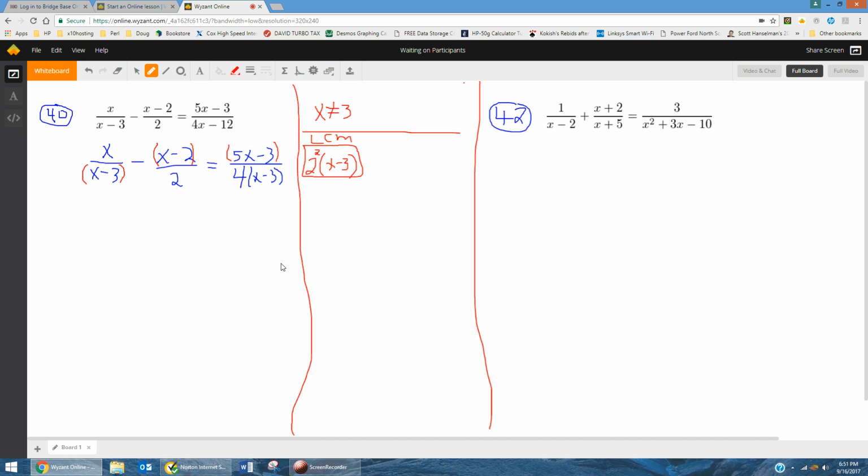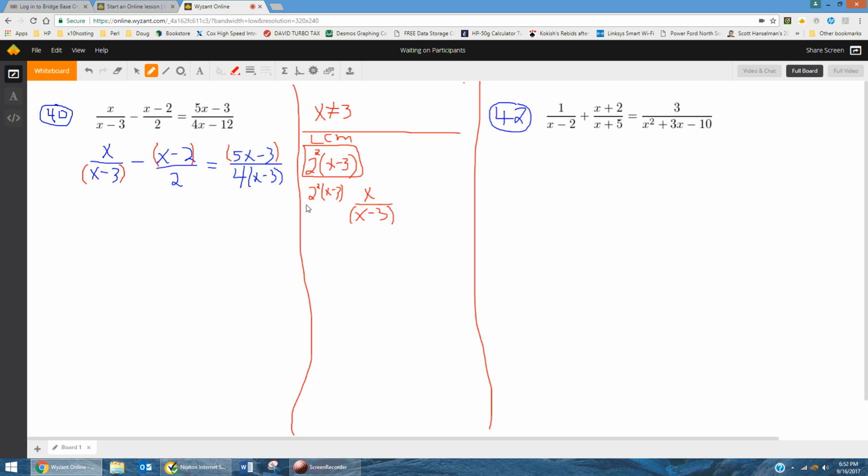Now let's see what happens when we take this LCM times this first term. This is what you visualize. You don't have to write it down necessarily. But if you have to, come over here to scrap paper. Here's that first term. And I'm going to multiply that term by the LCM, which is 2 squared times x minus 3.